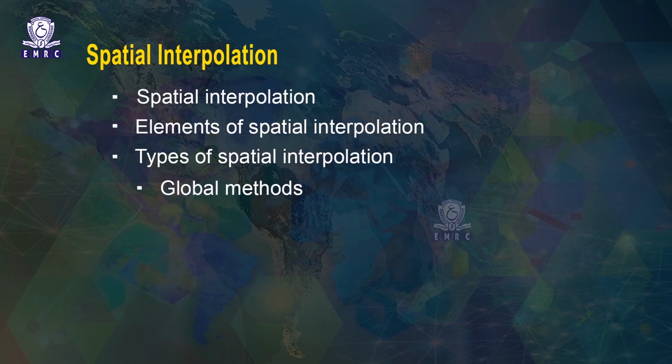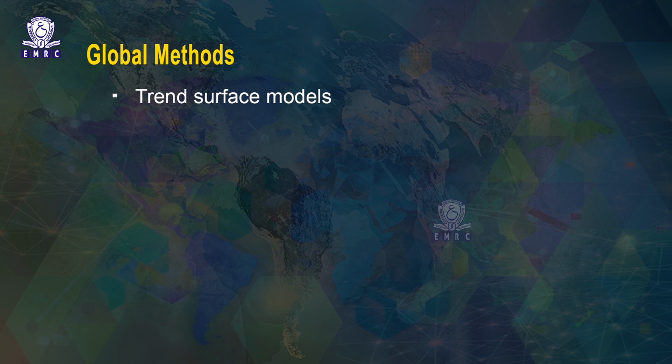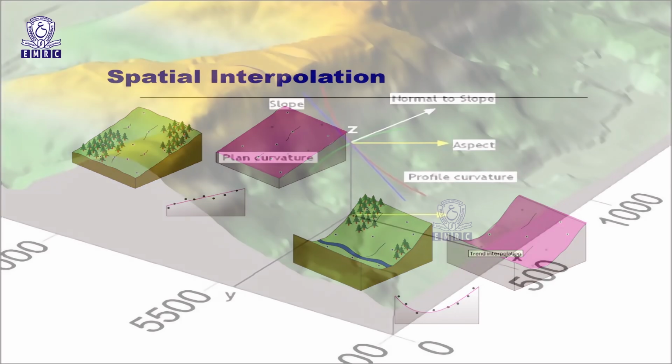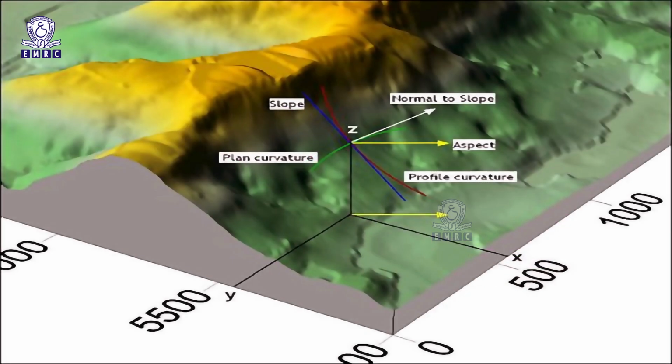Global methods. Global methods include trend surface models and regression models. Trend surface models. An inexact interpolation method, trend surface analysis approximates points with known values with a polynomial equation.